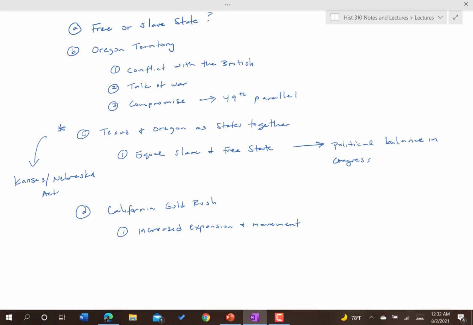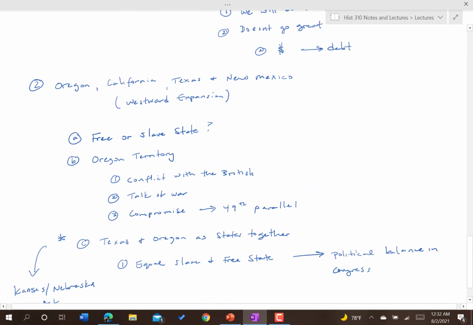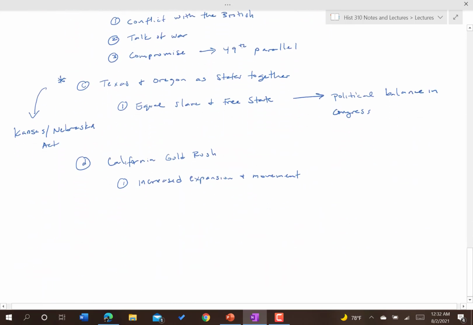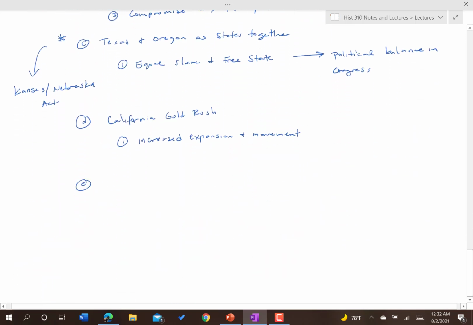There were people already starting to move into California before the gold rush, and the gold rush only creates further tensions. But what really creates the tension with the Mexican War is going to be the admittance of Texas into statehood. So let's see, we're on E here. So Texas finally moves to be a state.